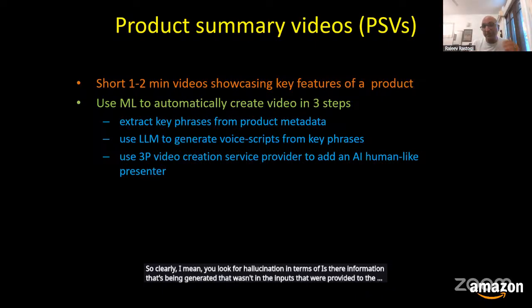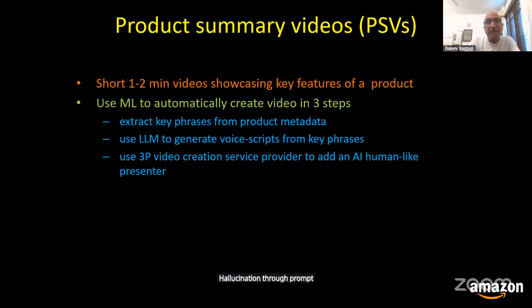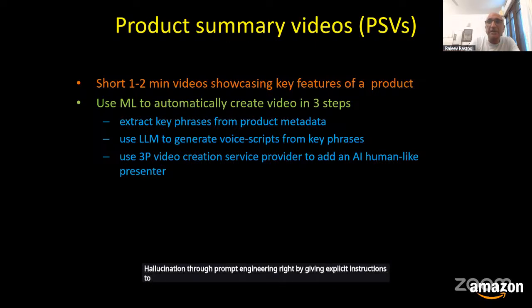And I'll talk a little bit more on how we deal with hallucination through prompt engineering, by giving explicit instructions to the LLM to stick to facts that are available to it in the context that's provided and not make up things.